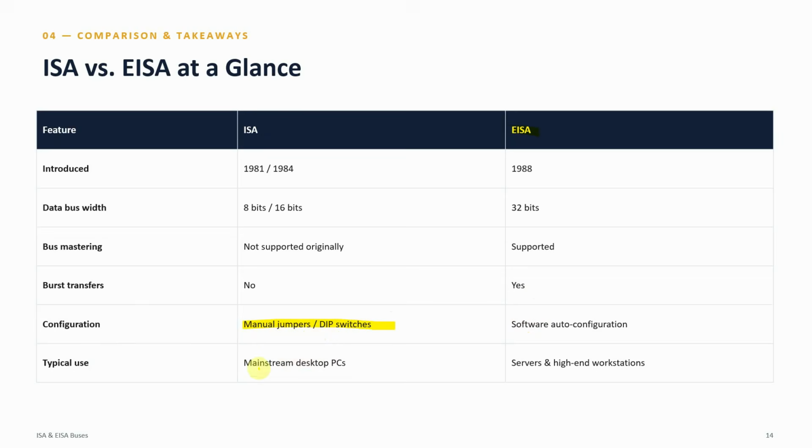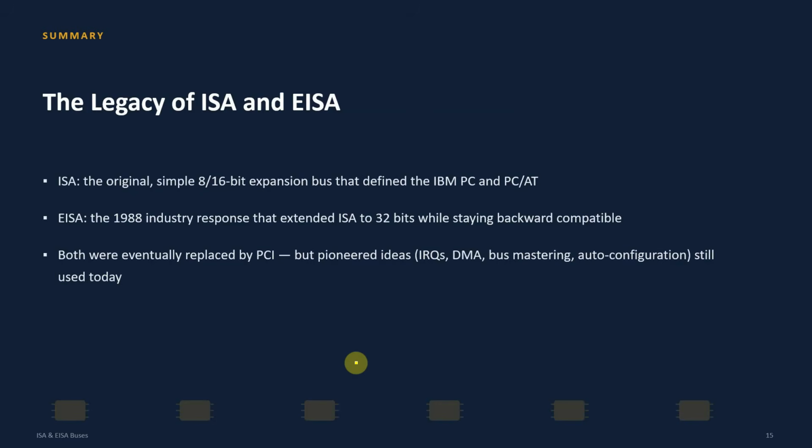You can use ISA for normal desktop PCs, but you can use EISA for servers and high-end workstations. So ISA is the original simple 8 or 16-bit expansion, whereas EISA was the 1988 industry response that extended ISA to 32 bits. And the main point here is that it offered backward compatibility.